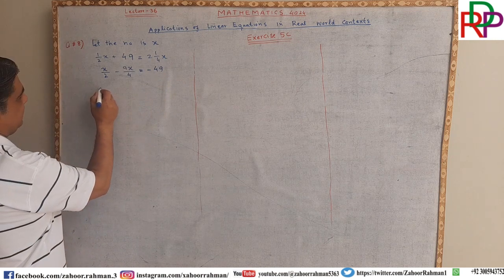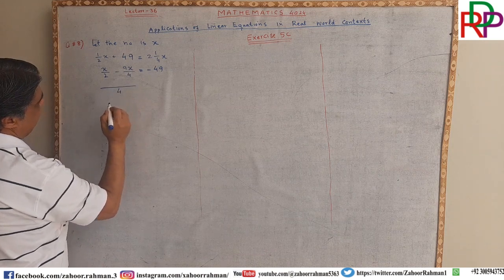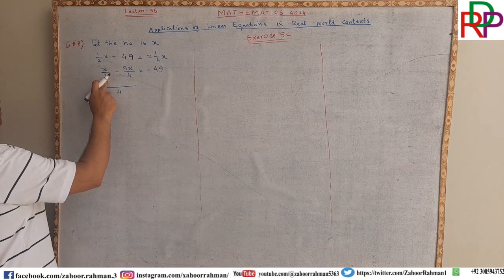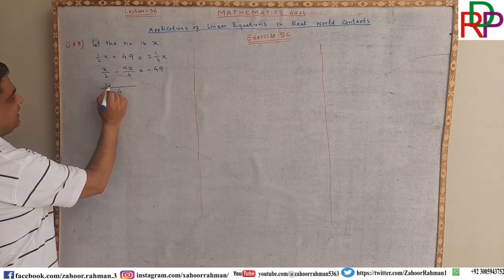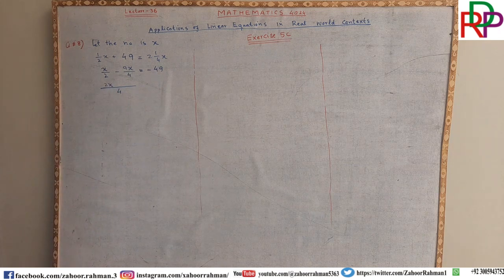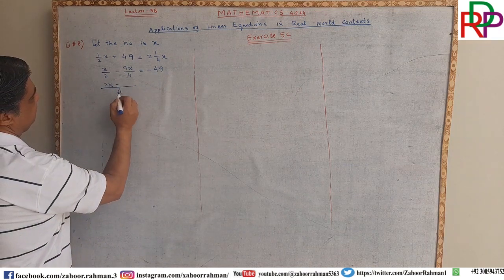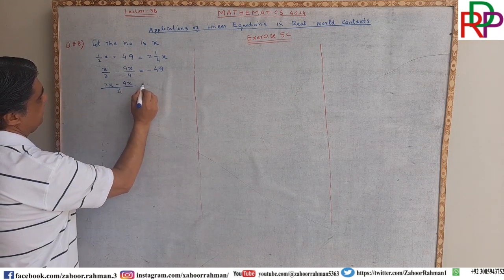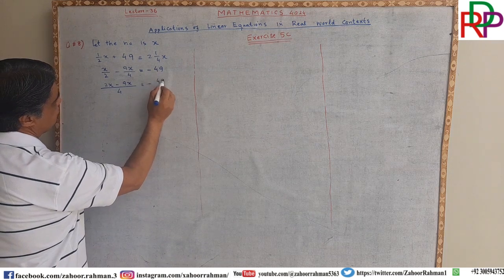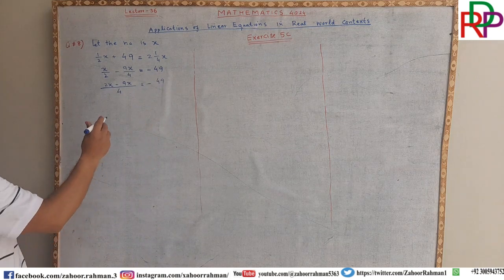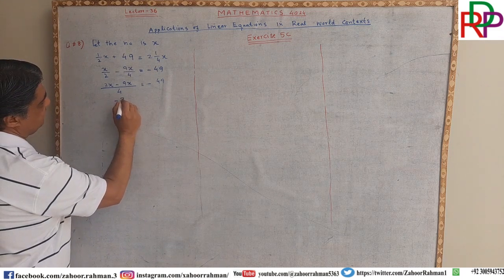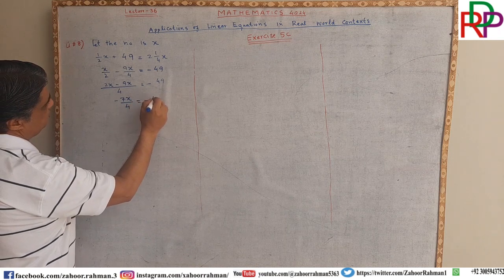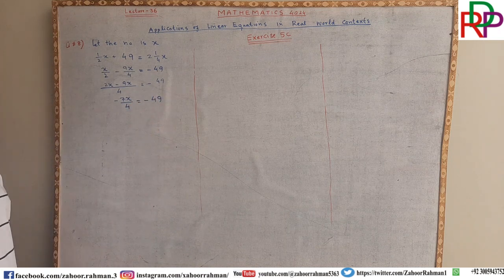Now we have to take 4 as LCM. So when we divide 4 by 2, it will give you 2, and we will multiply that 2 with x. And then 4 1s are 4, and that is 9x minus 49. This will give you minus 7x divided by 4 is equal to minus 49.